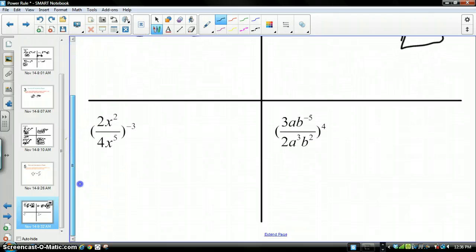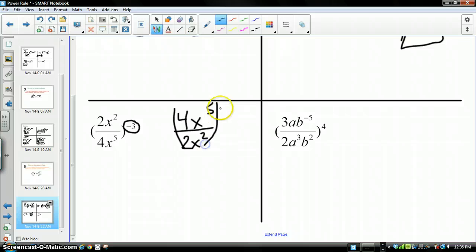All right, 2 more examples here. Once again, we have a negative exponent here. So I'm just going to go ahead and flip this fraction inside the parentheses. So I get 4x to the 5th all over 2x squared. And this is still raised to the 3rd power.